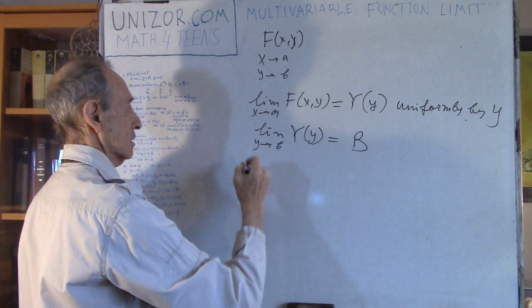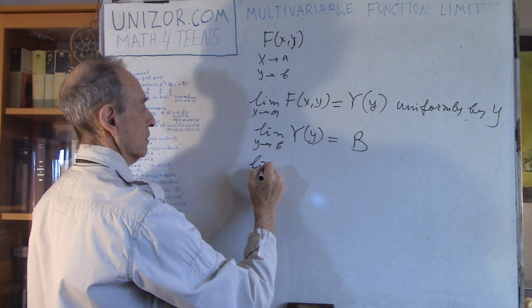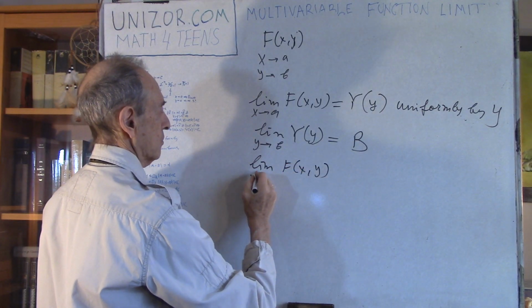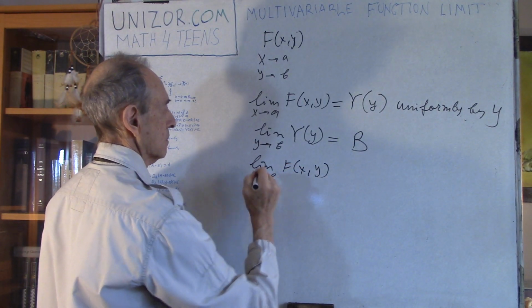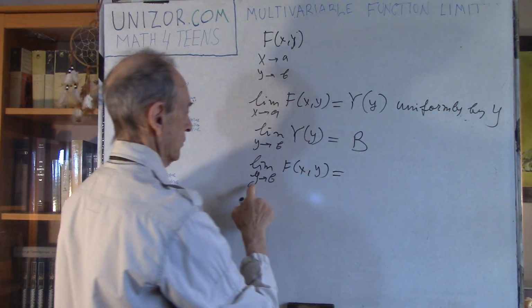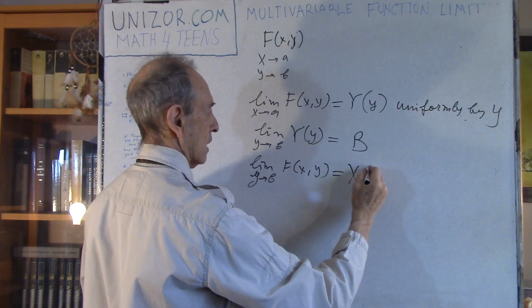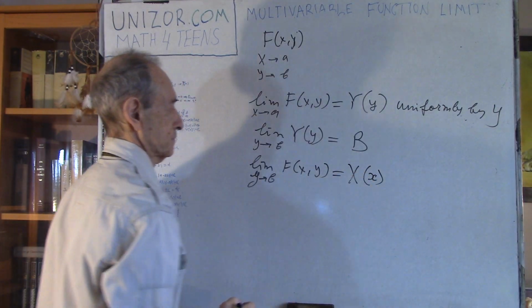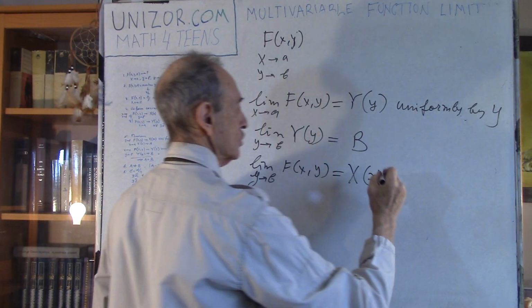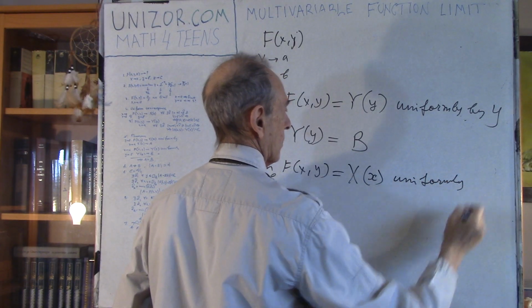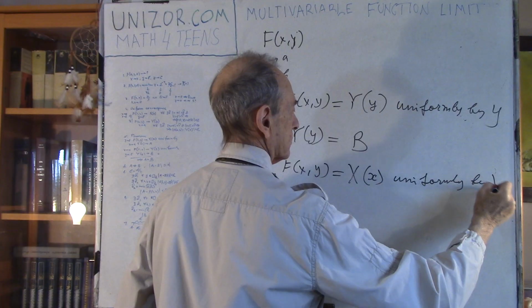Now, let's do it in reverse. What if we first take the limit of f of x y as y goes to b? Then it would be a function of x, so it's a function of x, uniformly by x.